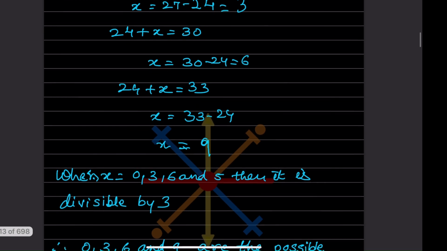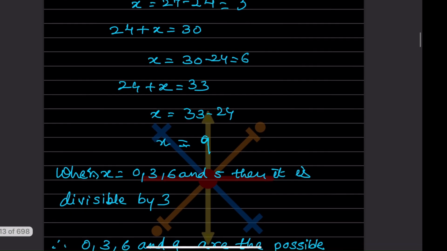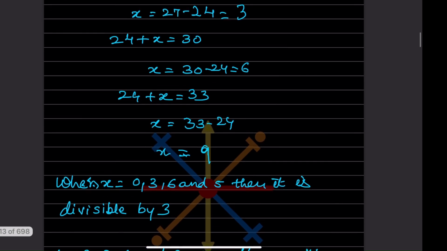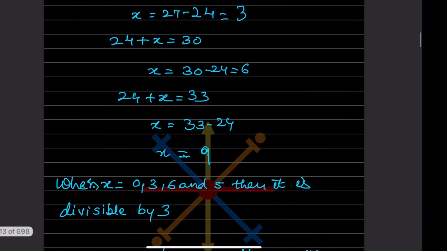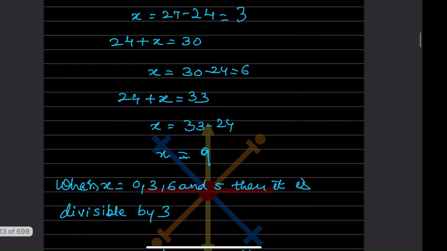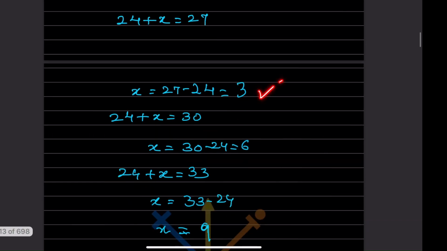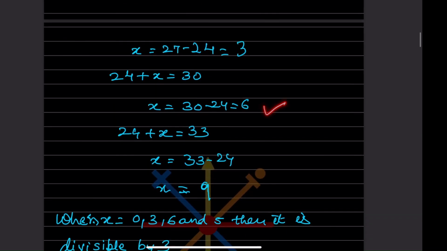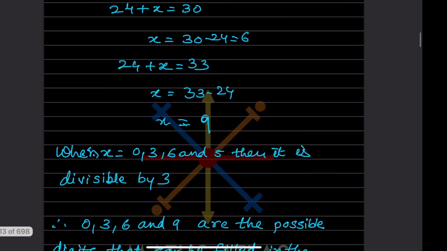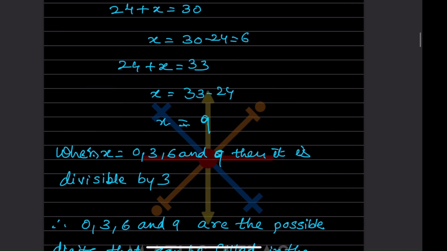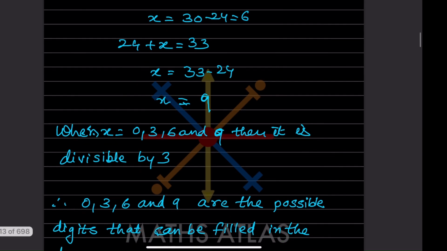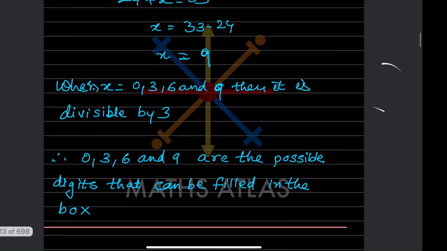So what we can say here is that when this x will be 0, 3, 6, 9, then it is divisible by 3.